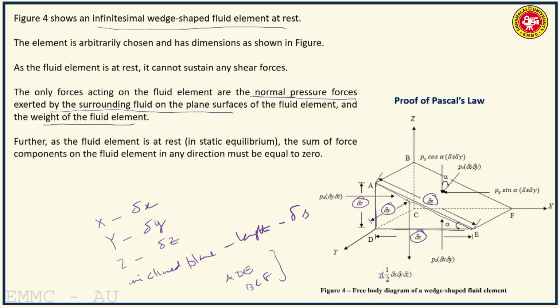These are triangular faces of the wedge shaped element, and then the face of the prism along YZ plane, that is ADCB, this one, and then the face along the inclined plane, that is AEFB, that is along the length delta s.